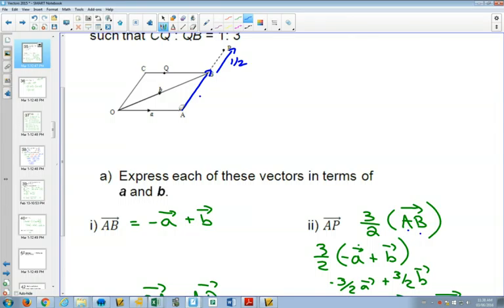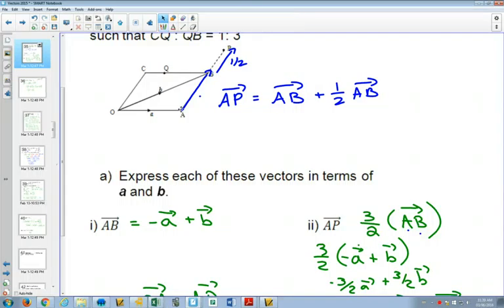So if I go A to B and then add another half A to B, that will also get me from A to P. So if that is easier for you to see, then you could use that as well. Either way, when you simplify it, you'll get negative 3/2 A plus 3/2 B when you solve it.